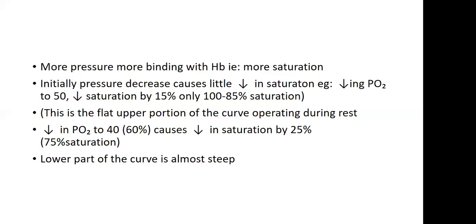Partial pressure आपने decrease कर लिया from 100 to 50. लेकिन ऑक्सीजन की hemoglobin की saturation from 100 से नीचे 85 तक आ गया, सिर्फ 15 का फर्क पड़ा, 50 तक नहीं गया. This is the upper portion of the curve, which we normally use during resting life. The uppermost portion is flat. It is operating during rest.